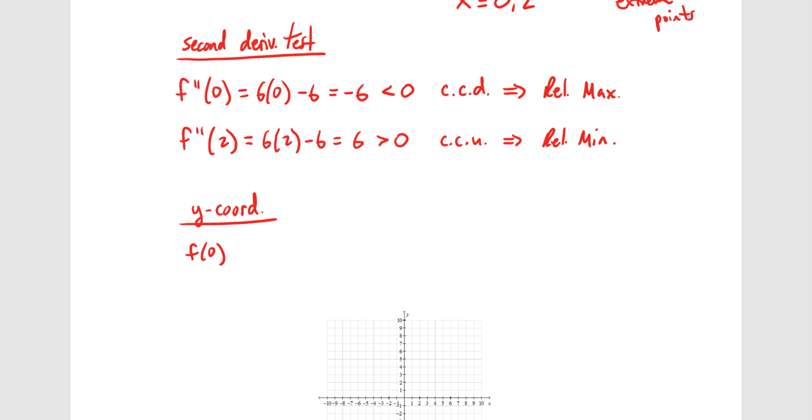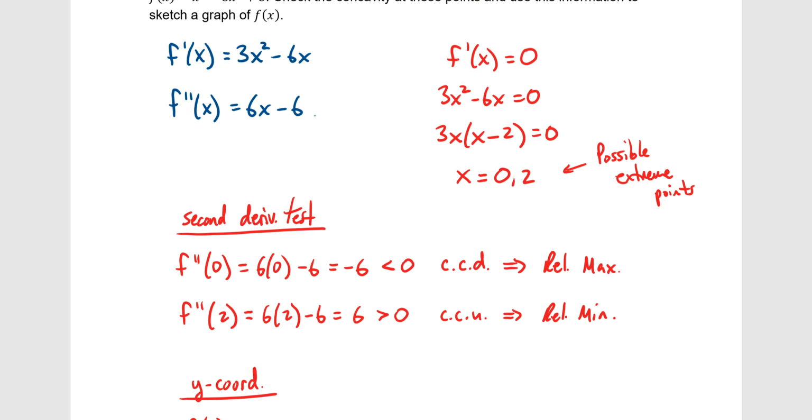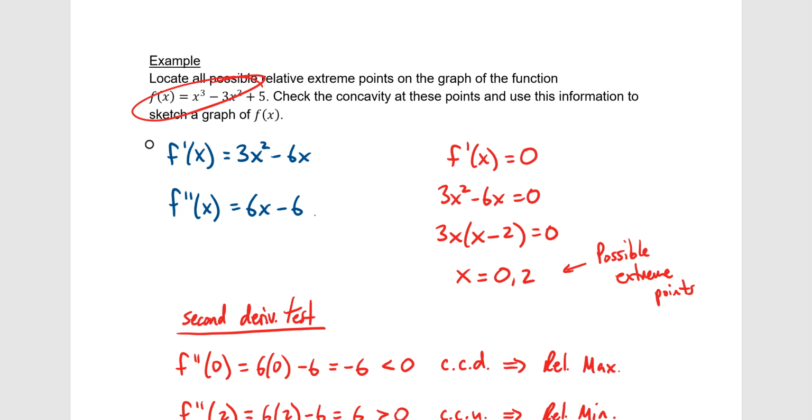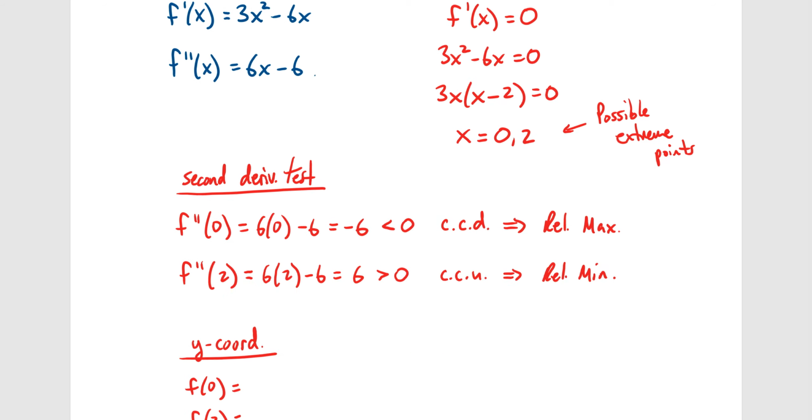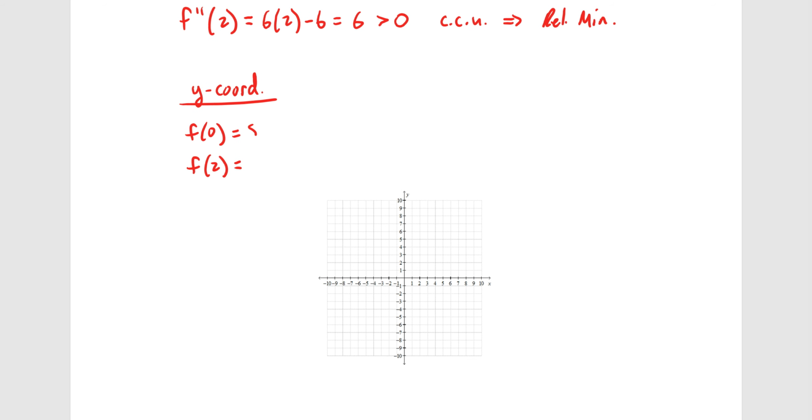We need to plug in and evaluate f of 0, and we need to find f of 2. So that's all the way back up to the original function up here, and just plug in 0, plug in 2, and evaluate. You'll see f of 0 equals 5, and f of 2 equals 1.